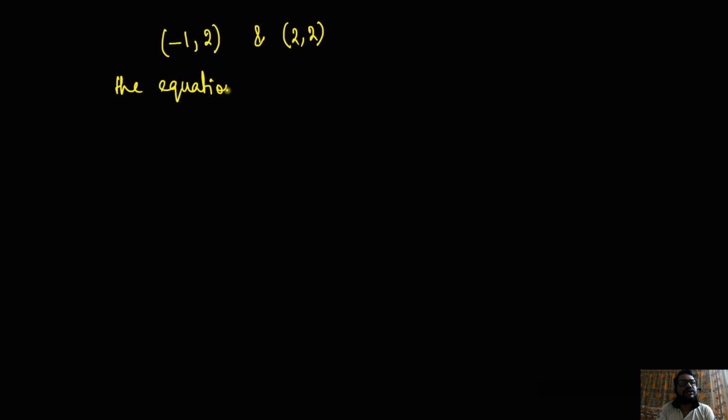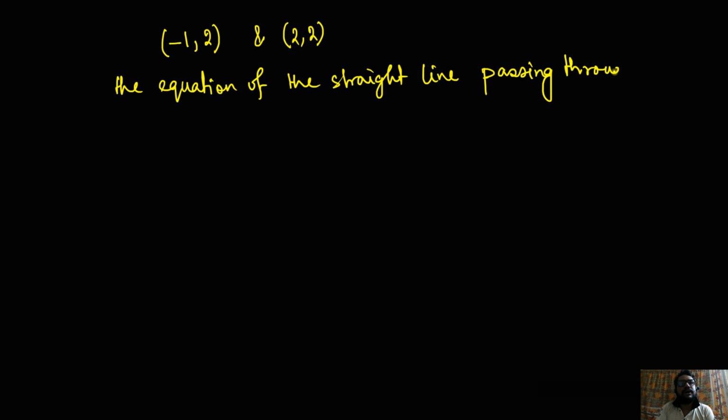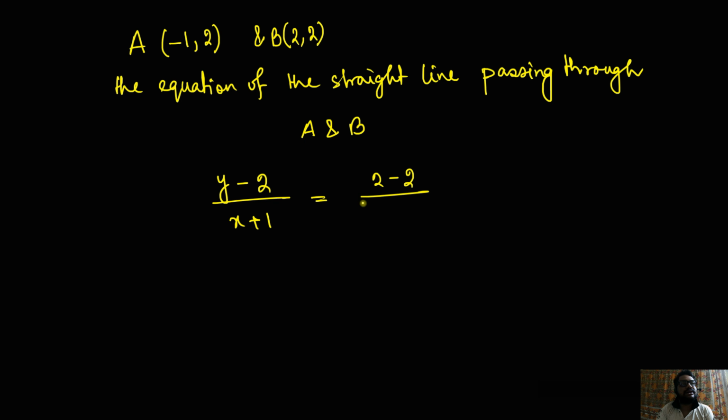The equation of the straight line passing through these points: y minus 2 by x plus 1 equal to 2 minus 2 by 2 plus 1, because 2 minus of minus 1 means 2 plus 1.